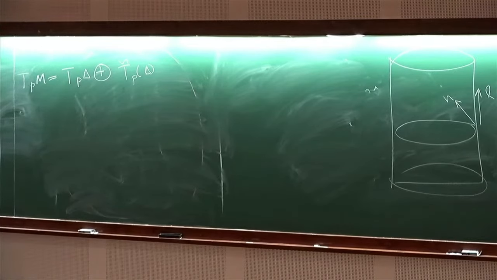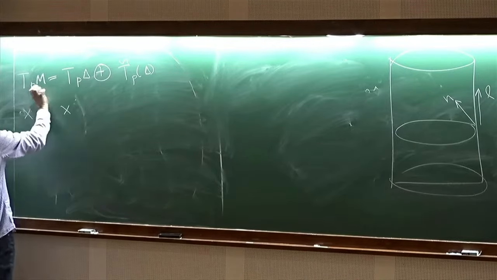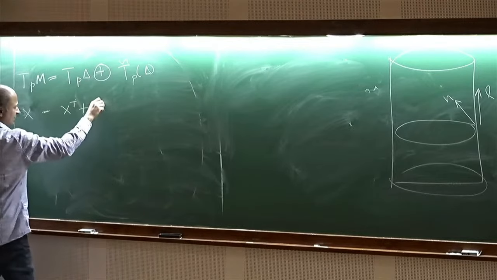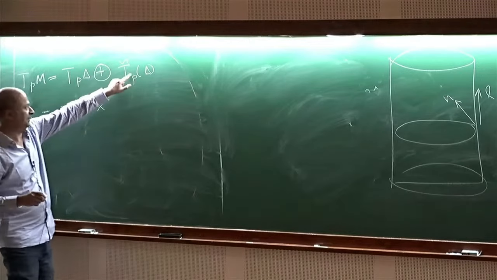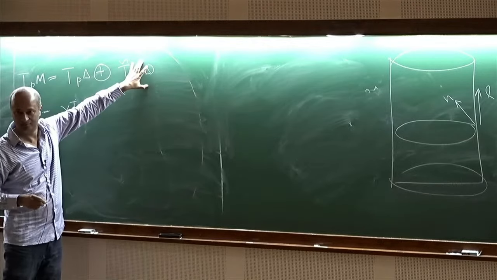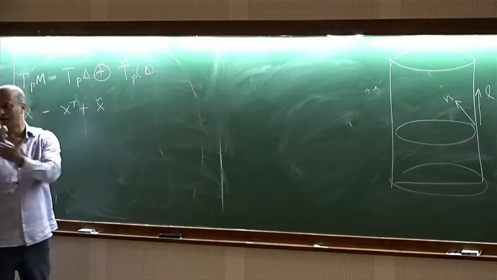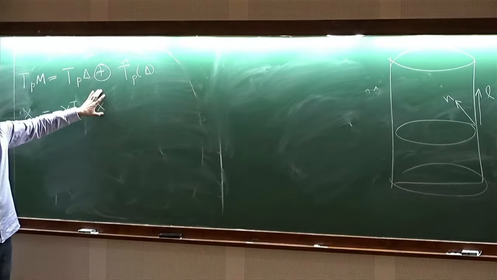So this means that if I take any vector field now on the full four manifold, X^A, I can break it up into a parallel part, a tangential part, plus let's call it a transverse part, X tilde. So this X tilde should be in this space, this should be in this space, but this space is not unique. It's only transverse, there is no orthogonality here. So therefore, this is not unique.